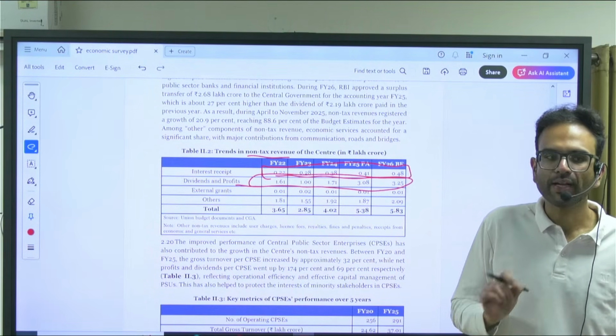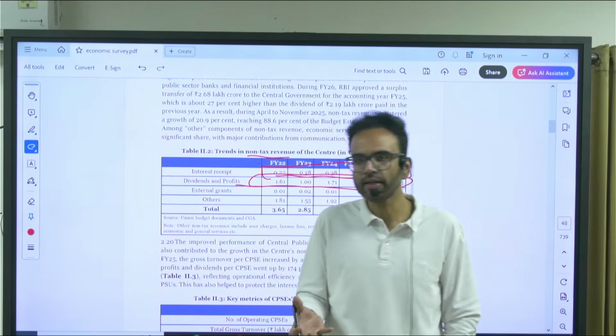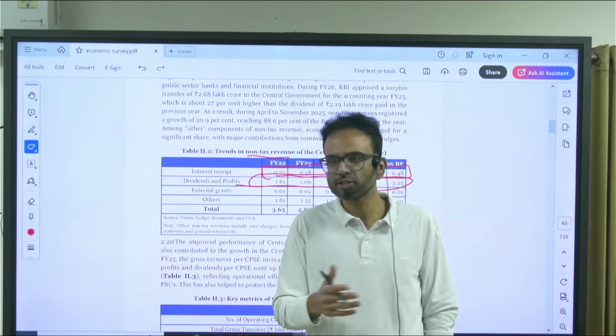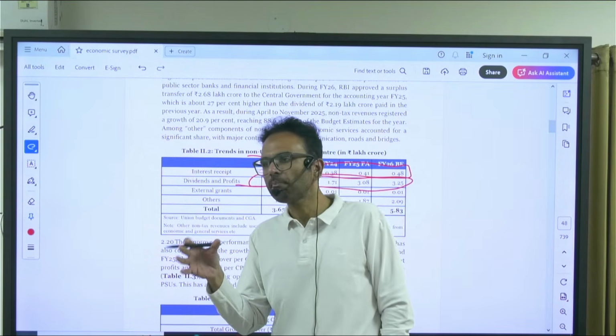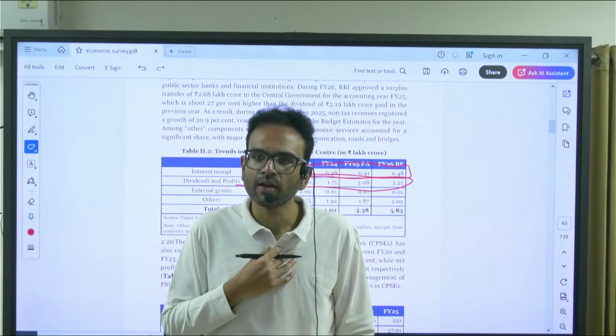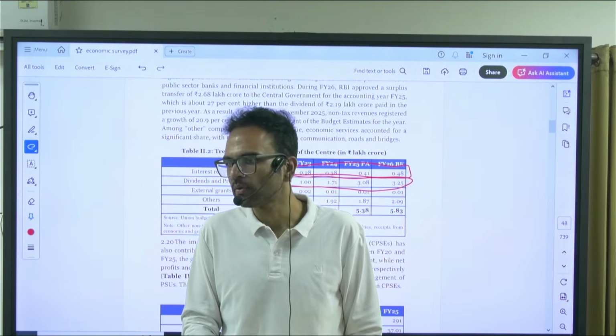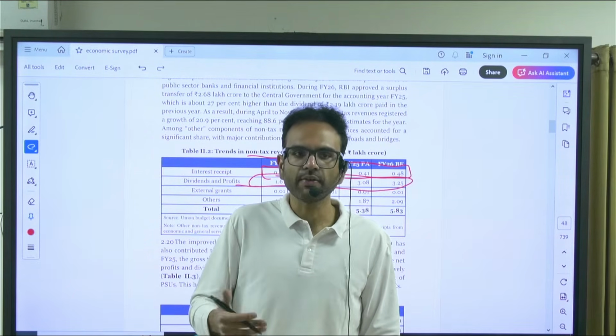So when the government, by virtue of being an owner of a company, does well, it gets its profits. In 21, 22, 23, the PSUs did extremely well because there was a new PSU policy. Sick industries were let go of. Some reforms internally were taken up.